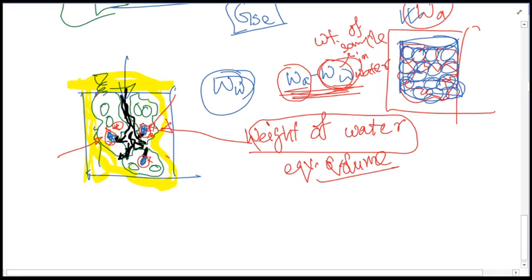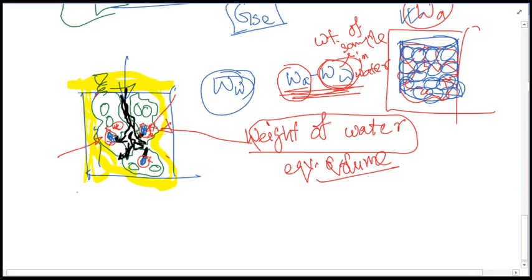So if we just clean and dry the surface, the aggregate is already in a saturated condition with water. Although the surface is dry, the inside of the pore is filled up with water.